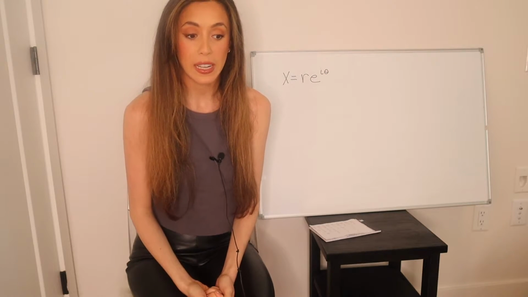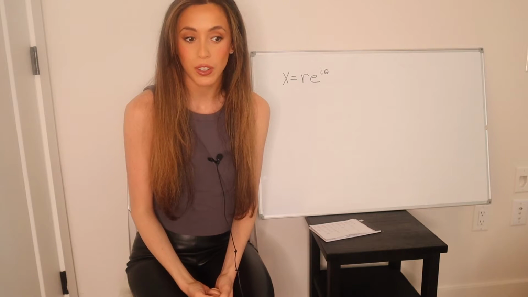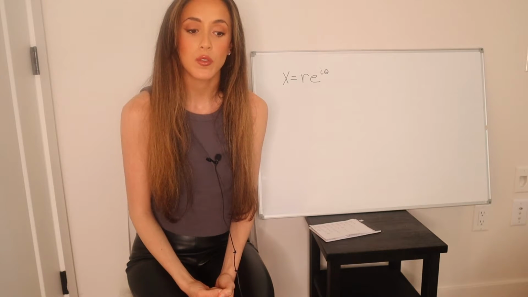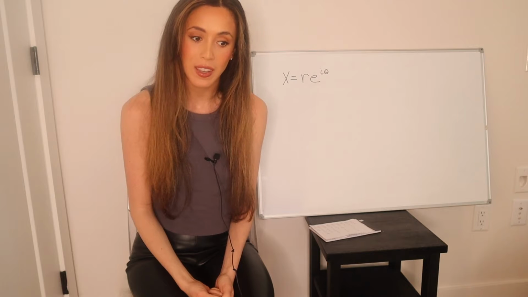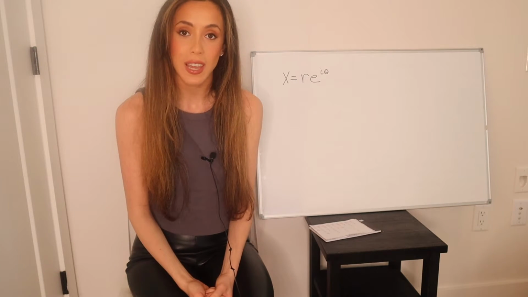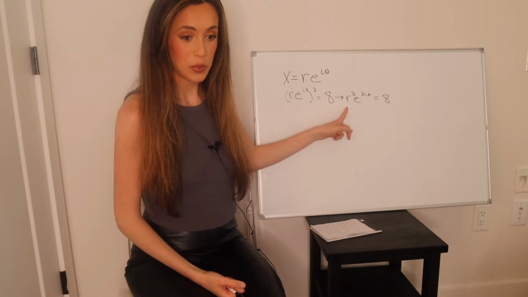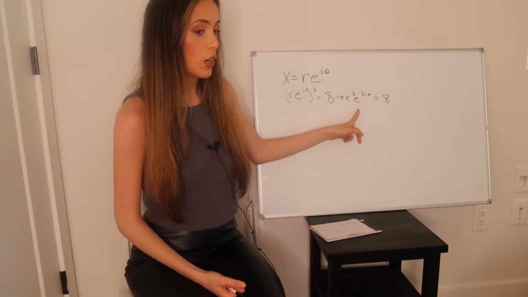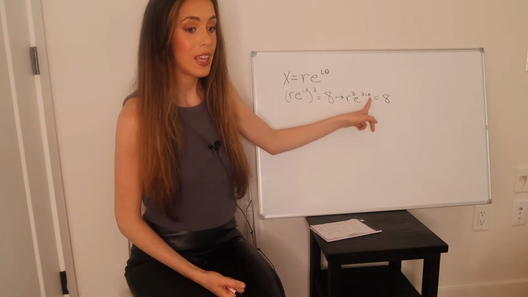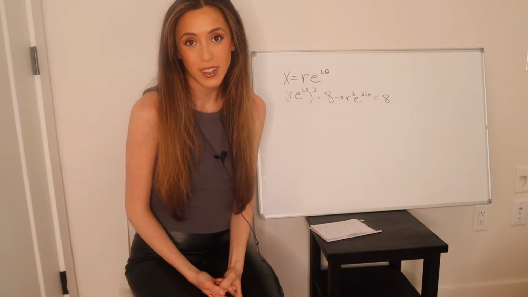R is the radius and e to the i theta models the circle. This comes from Euler's formula. If we want to solve for x cubed equals 8, then we have r cubed times e to the 3i theta. We now break this into 2 parts.